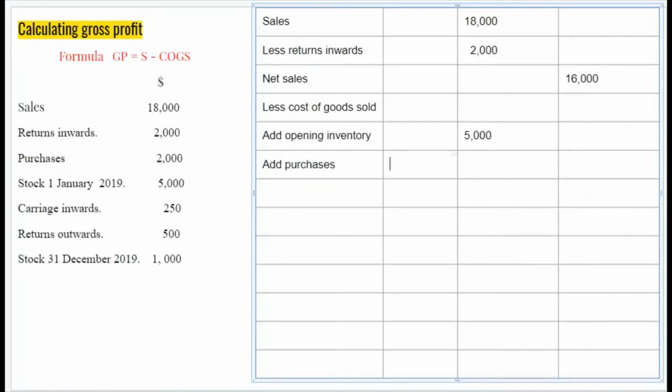So the purchases was $2,000 and you return some, so less returns outwards of $500. So we're going to put in that $500.